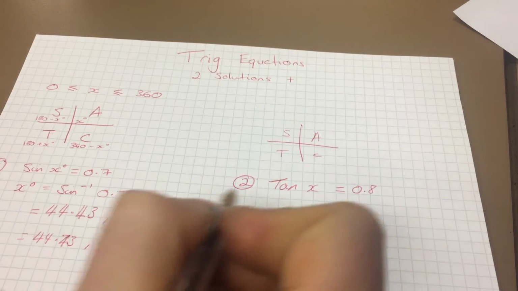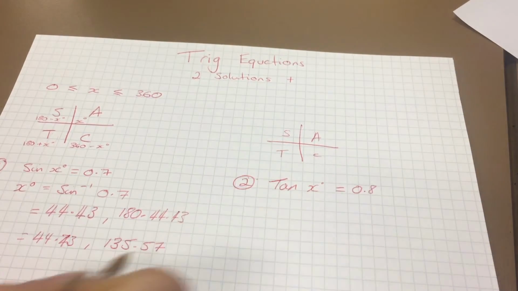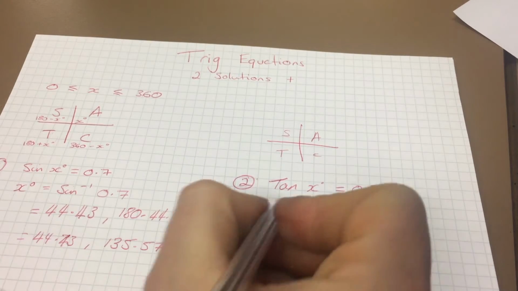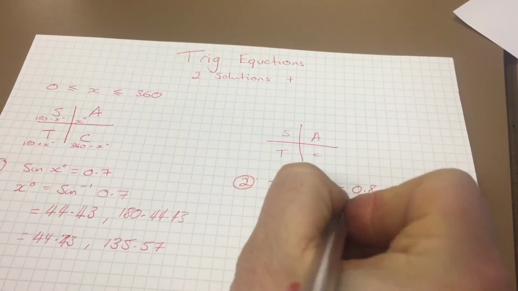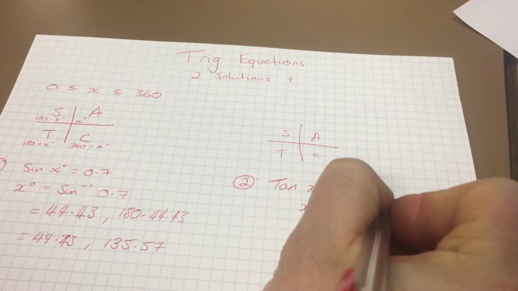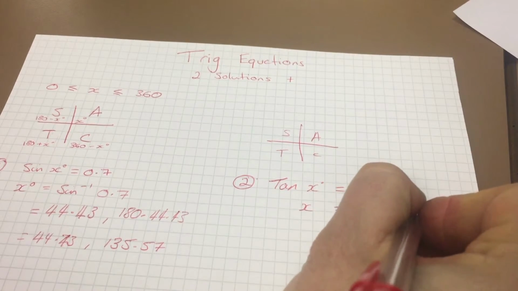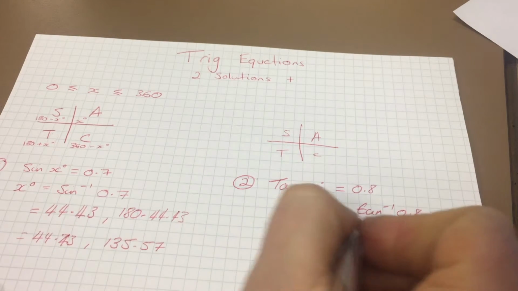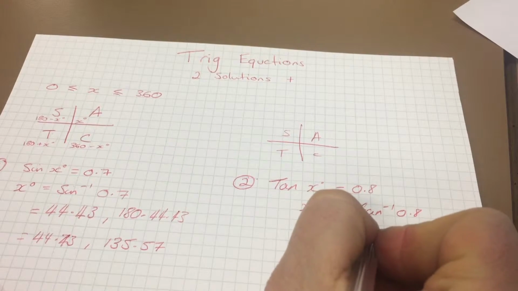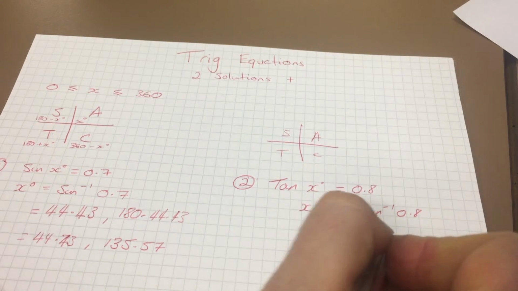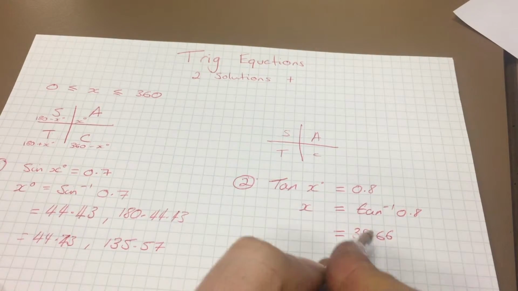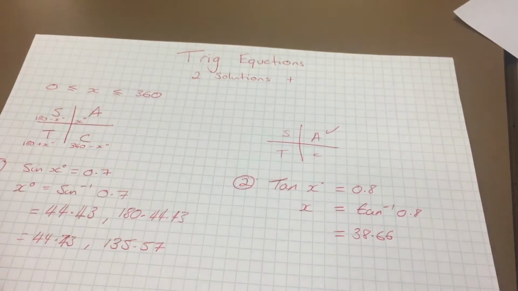What we're wanting to find out is when are we on the x-axis at a height of 0.8. So let's go ahead and do that. Put it into your calculator. Okay, and that's the one that comes out of the calculator.